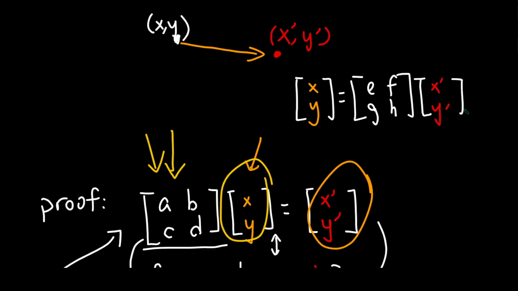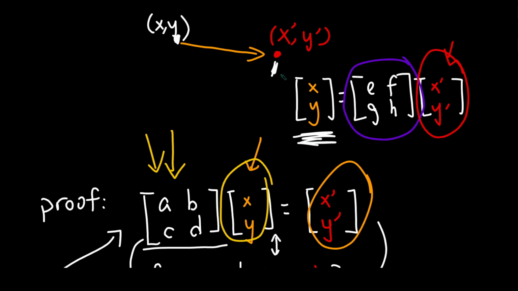Let's call this matrix purple. If we start from a red point and multiply it by our purple matrix, we're going to end up with xy. So if I start from my red point right here and go with the purple matrix, I come back to xy, because I take this x prime comma y prime, multiply it, and get xy.